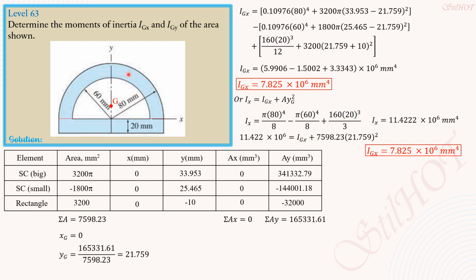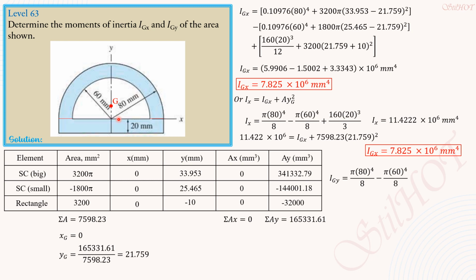Then for IGY, the y-axis happens to be the centroidal axis also of the three areas. So it is just two semicircles with respect to the y-axis. So it is pi over 8 r to the fourth. So IGY equals, for the big semicircle, pi 80 to the fourth over 8.